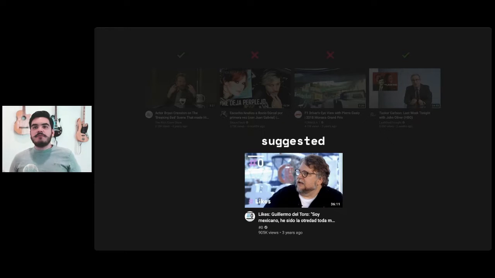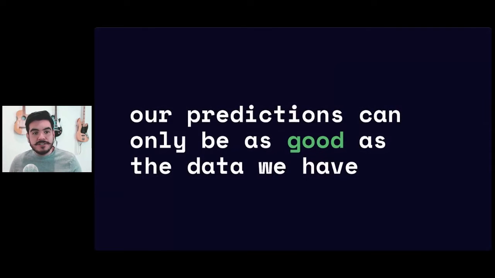However, this comes with a very important caveat that we should always be aware of, and that is that our predictions can only be as good as the data we have. So if we don't have good examples that help us understand what that person likes, then it's going to be very, very hard for us to make a good prediction, and a prediction that they will eventually like, right?